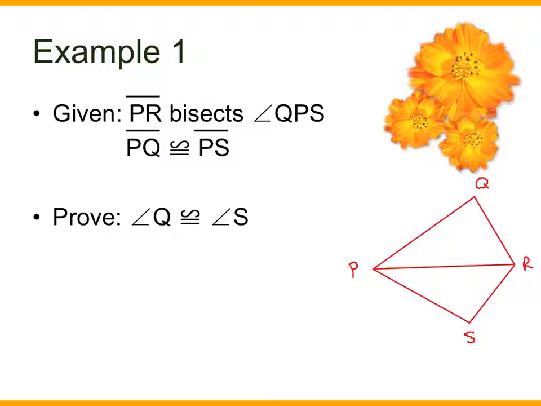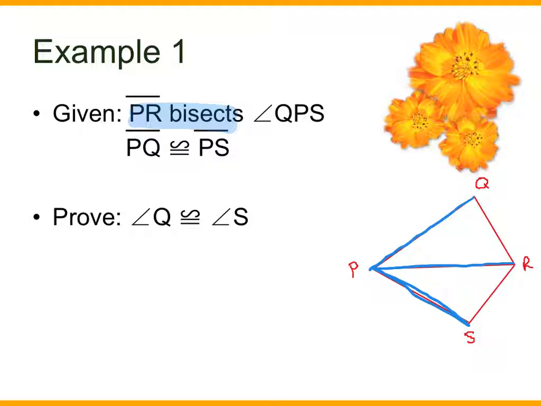Okay, let's go through this proof here. It says that PR, this line right here, bisects angle QPS. This bisects angle QPS. What does that mean in plain English? Cuts what in half?